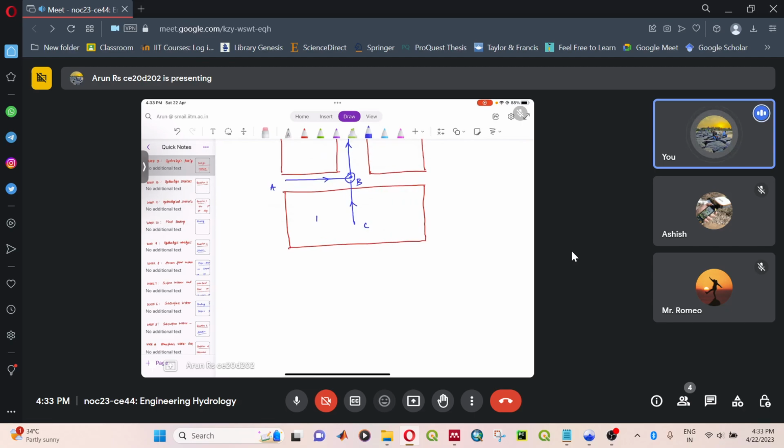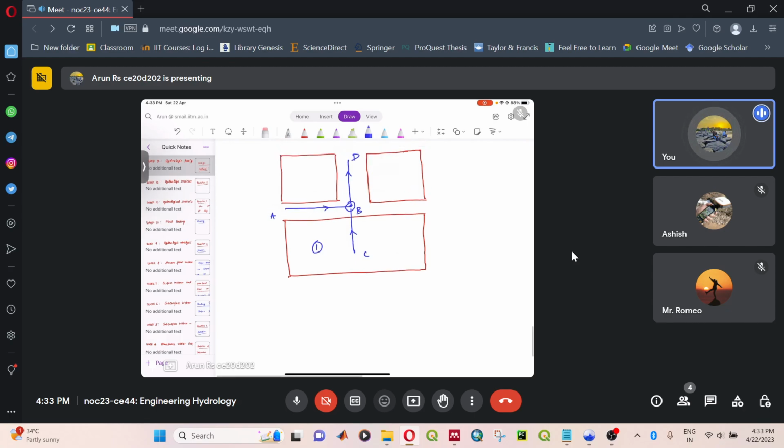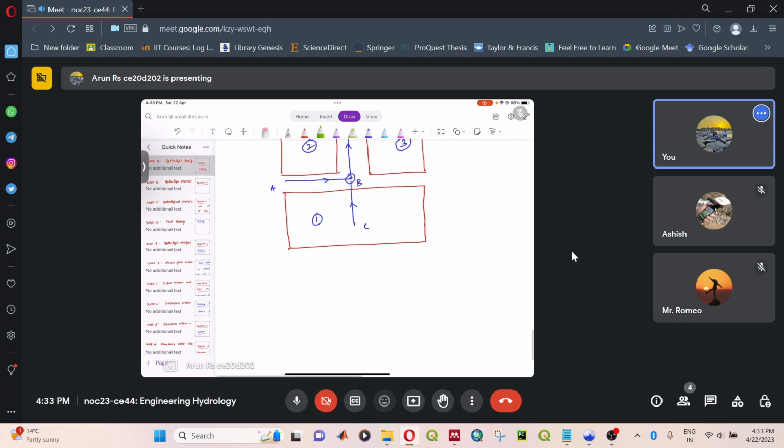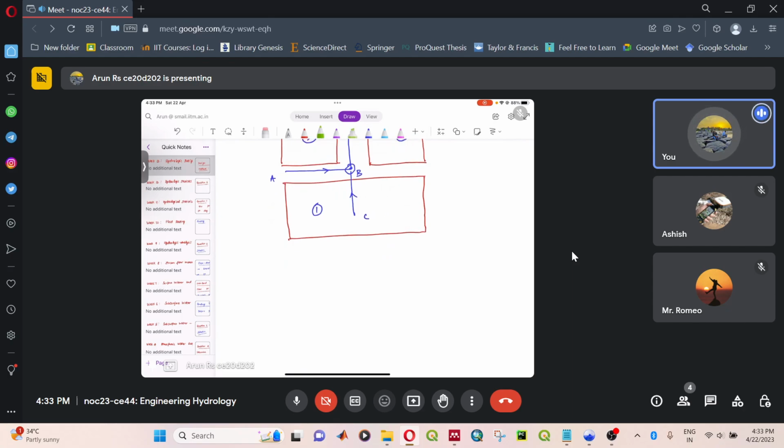So I'm naming this as catchment 1, and then this as catchment 2, this as catchment 3. So the remotest point for the catchment can be from this farthest point. So this can be the longest path for the runoff. I'm just saying it as a hypothetical situation.